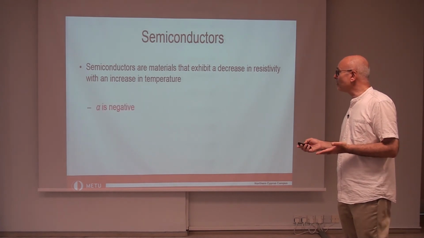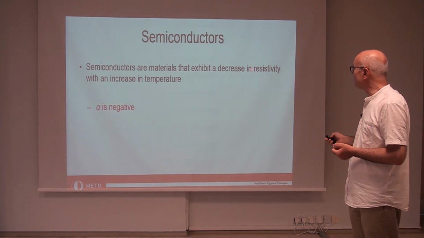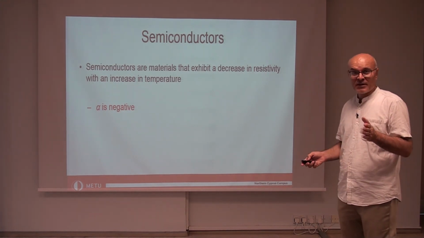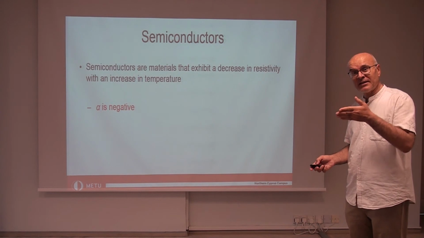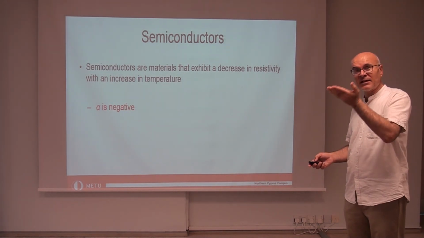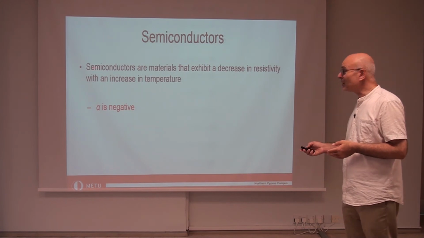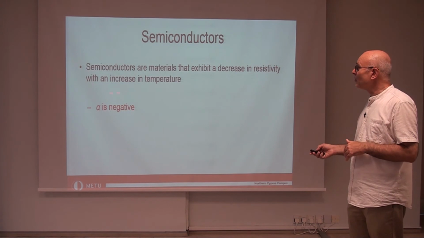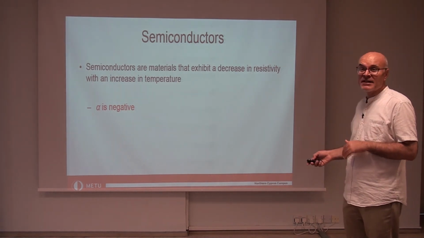What's striking about semiconductors is that they exhibit a decrease in resistivity with an increase in temperature. What we have seen is that as temperature increases for conductors, because of the alpha (T minus T naught) term, the resistivity increases. Here, in semiconductors, however, there is a decrease in resistivity as temperature increases. Alpha is negative.